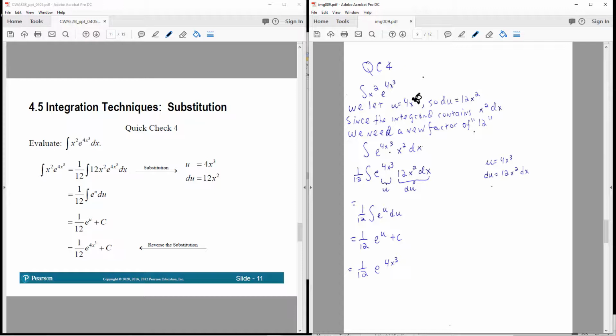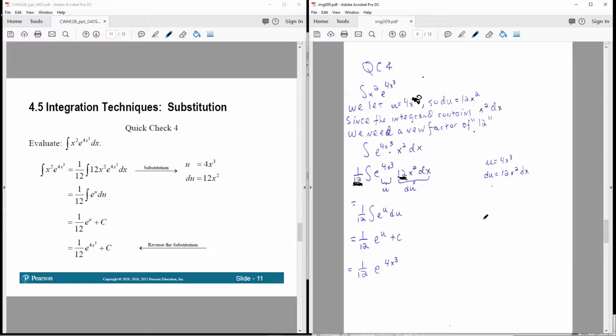So I expect my du to be 12x squared. When I look at the integrand, I don't see a 12x squared. I see an x squared dx. We need a new factor of 12. So what I end up doing is multiplying a 12 here and compensating on the outside, making it a 1/12 so that they cancel out.